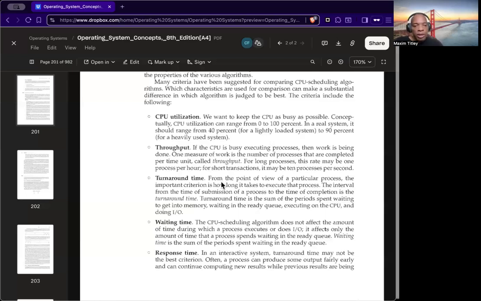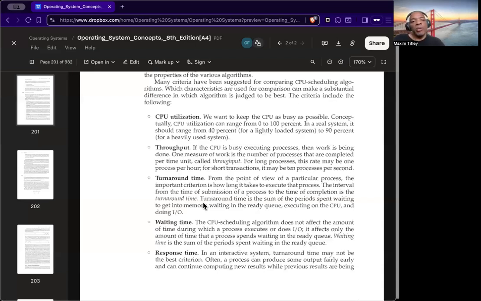The turnaround time. The turnaround time is from the point of view of a particular process, in which there is an important detail about how long it takes to execute the process in question, right? So it's basically waiting time. Well, no, it's not basically waiting time, but it's the time for executing, right? The interval from the time of submission of a process to the time of completion is the turnaround time.